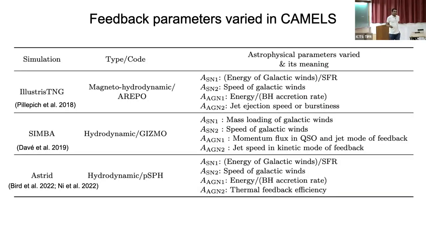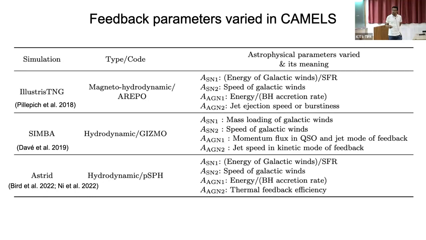So in the set that we will be analyzing, the simulation suite has 3 different prescriptions, TNG, SIMBA, and ASTRID. And for each of these 3 that use completely independent codes, they change 2 parameters that control the supernovae feedback and 2 parameters that control the AGN feedback.